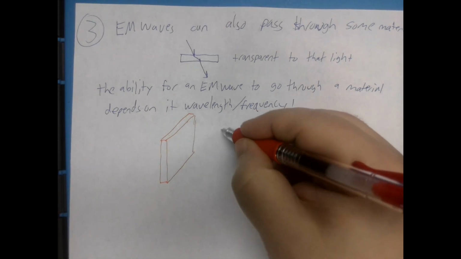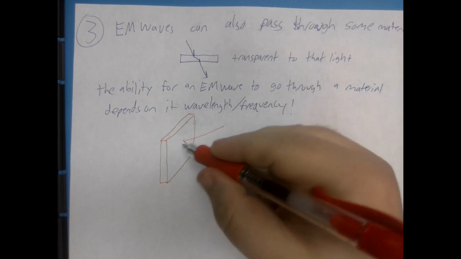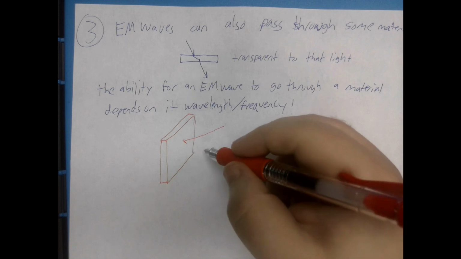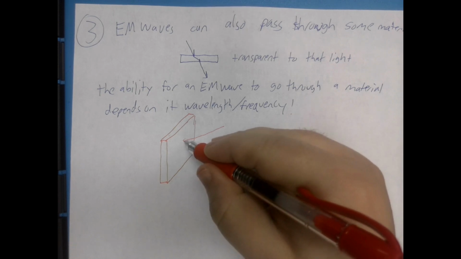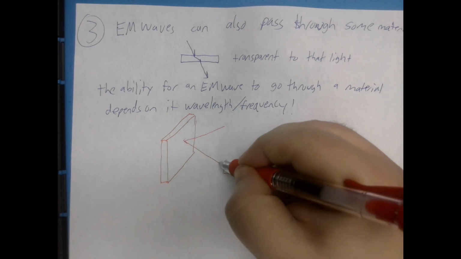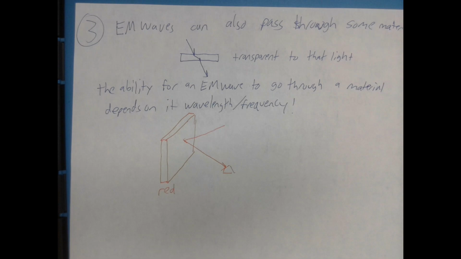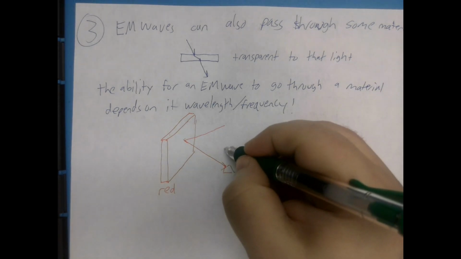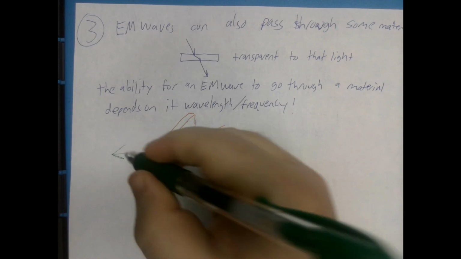If red light passed through it, we wouldn't see red. So if our eye is right here, we're looking at it. If it's red, that means the red has to bounce back. However, we don't see any green, so the green has to go through it.